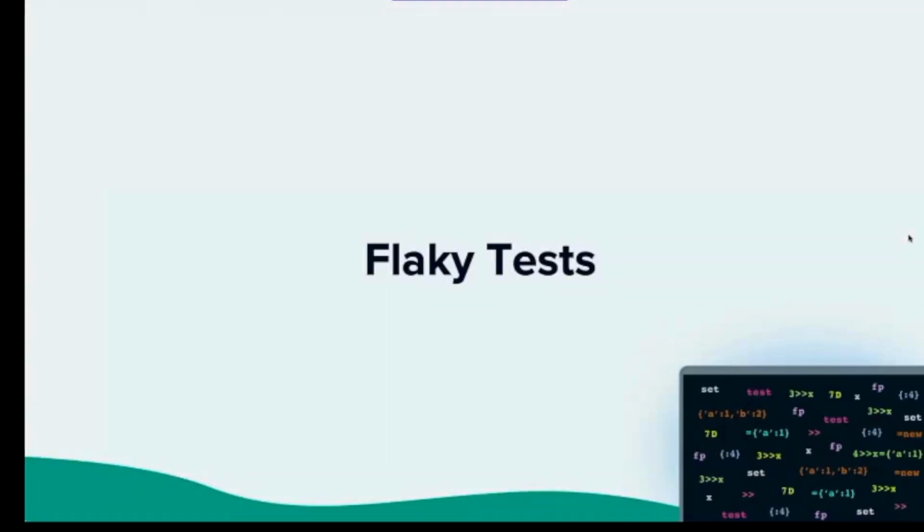Let's start off with flaky tests. Now, anyone who's been doing testing and doing automation is not new to flaky tests. Flaky tests are tests which work sometimes and do not work other times. And it's not very easy to figure out why it did not work in one case and how it ended up working in the other case. It's a huge mystery most of the time.